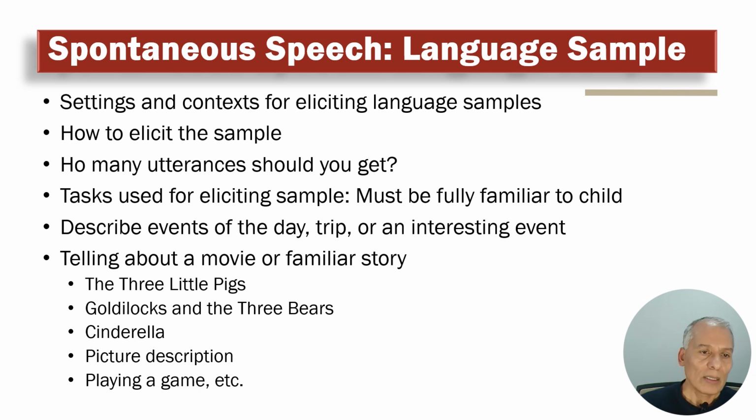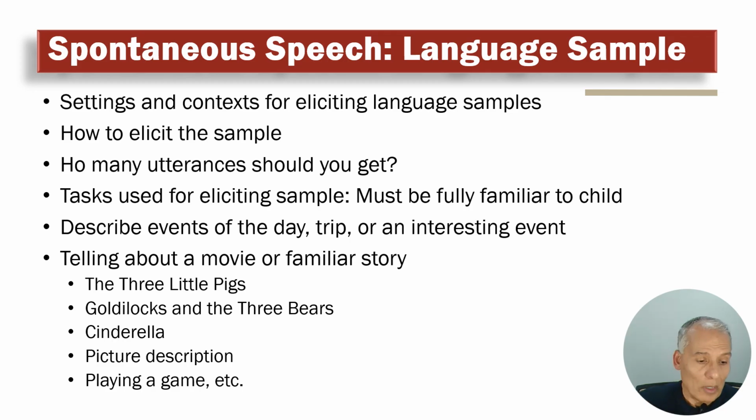You want to get connected spontaneous speech to reflect how the child speaks on any given day. You don't want to get a sanitized view of that. You want it to be spontaneous and natural and raw, like raw material. So tell the child to tell you something that is familiar, that they know totally, that they don't have difficulty recollecting.